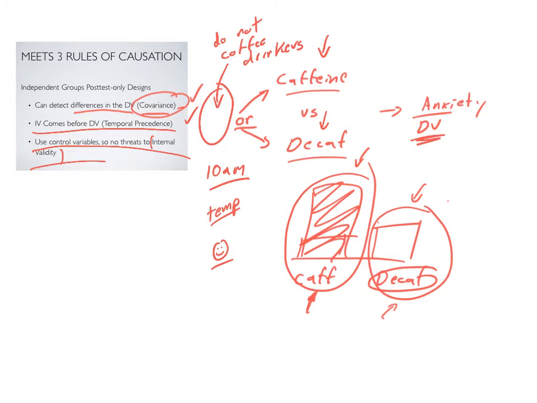I don't want them to get any more anxious by having somebody who's standoffish and possibly rude. So I'm controlling for all these other possible issues that might come up to have a strong internal validity. So I can check, in this design, I can check off this requirement.